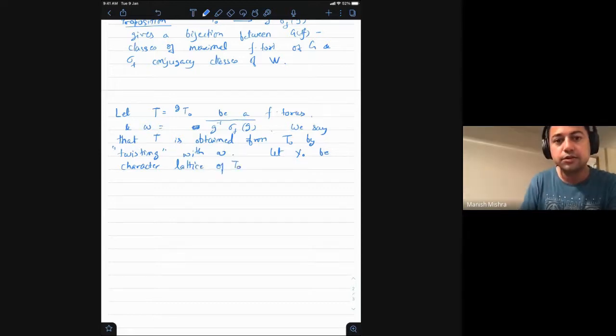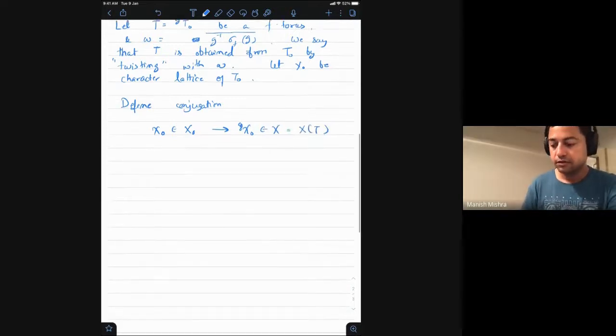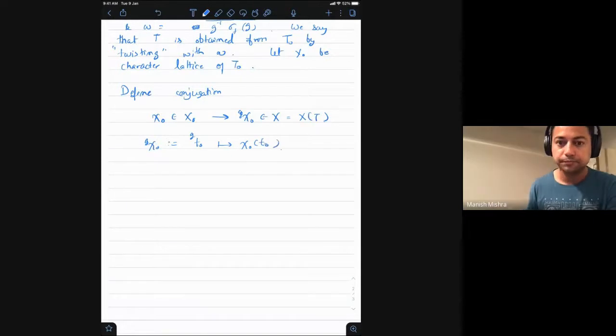and define conjugation, chi0 in X0 maps to G chi0 in X, where X is the character lattice of T, and this conjugation action is defined by G chi0 being that character which sends G T0 to chi0 T0.